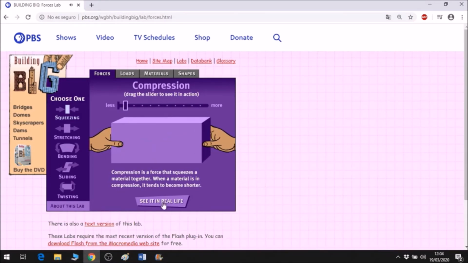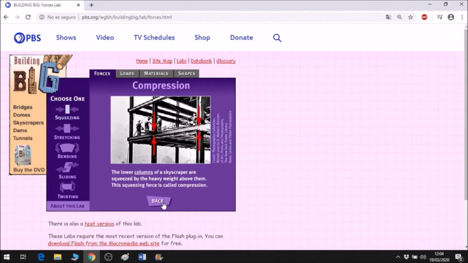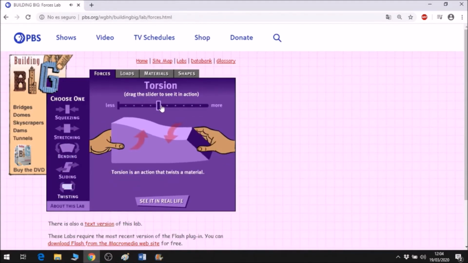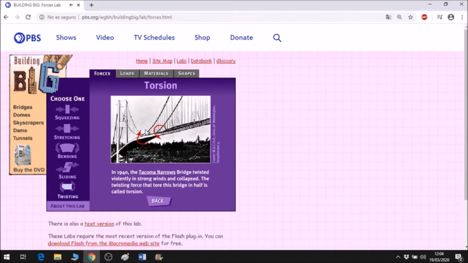And also you can find real-life examples like the columns on a building structure. Okay, you can play with the different stresses. For example, torsion, and in real life we can see it in the Tacoma Bridge.